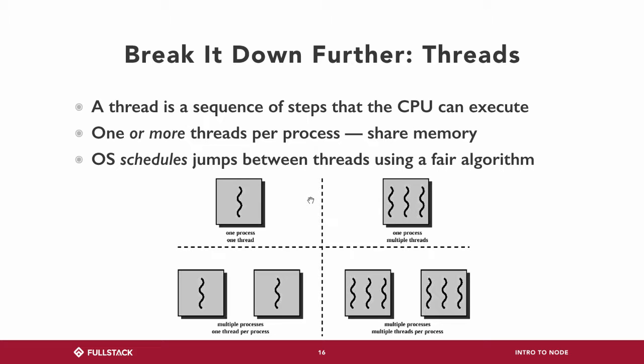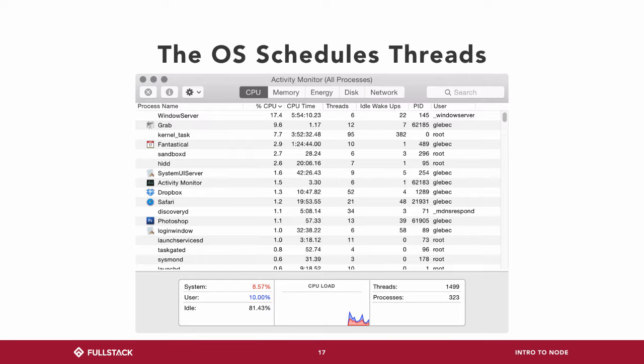A thread is a sequence of steps, and you could have multiple threads per process. If you open up your activity monitor, you could actually see the number of threads that are running for a particular process.